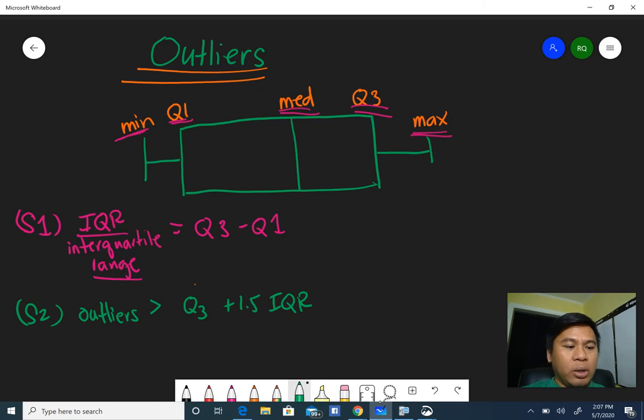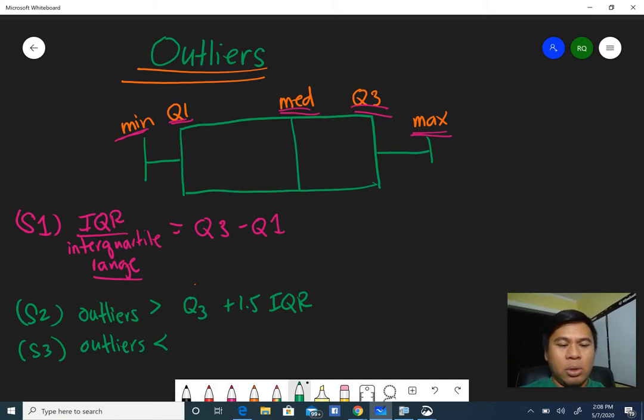And the next one, step 3, to get the lower value outliers, we're going to get values less than Q1 minus 1.5 times the IQR. Again, Q1 and Q3 are the lower and upper quartiles respectively.